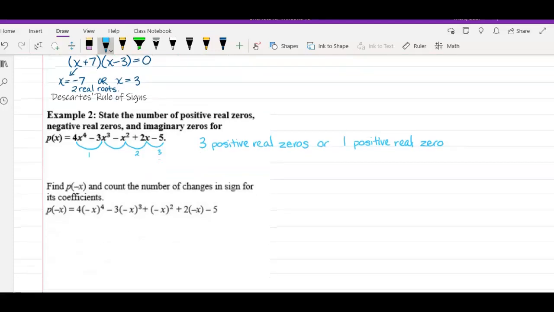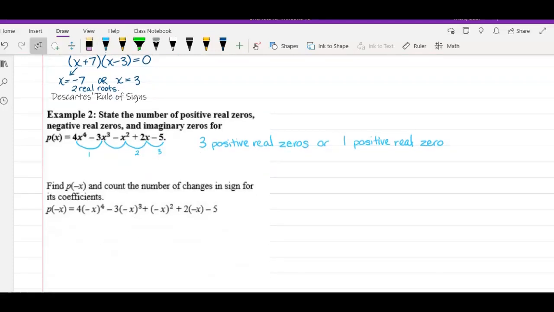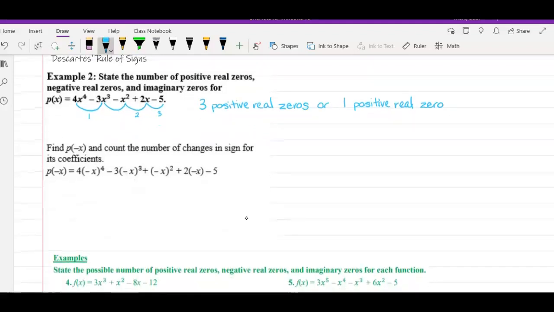All right, so now we have to figure out, well, how many negative real zeros would there be? So the first thing we have to do is compute p of negative x. So notice I'm taking out x everywhere that I had an x in my original polynomial, and I'm replacing it with negative x. Now we need to simplify. If you have a negative raised to the 4th power, negative times negative times negative times negative is positive.